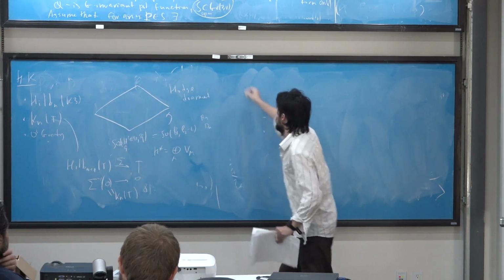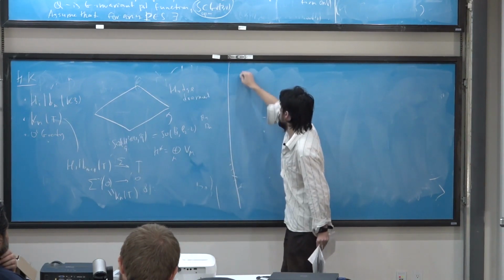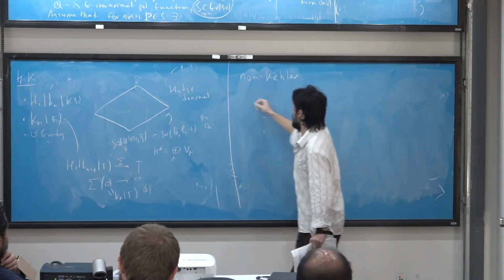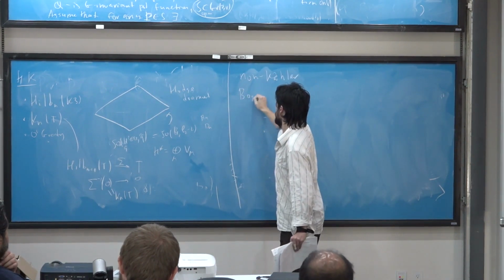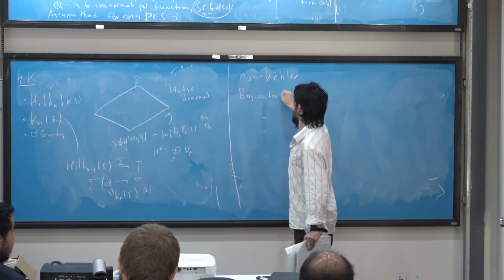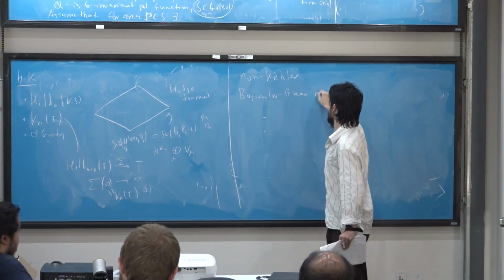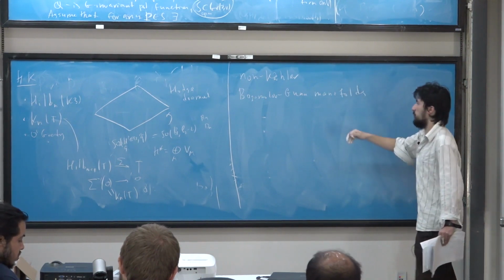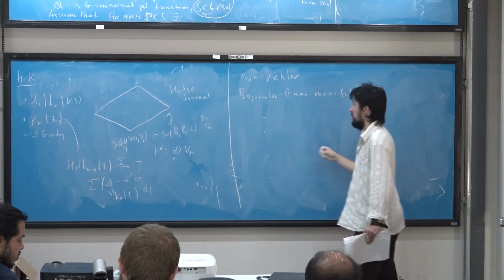Then, in the non-Kähler case, we have Bogomolov-Guan manifolds. They were first constructed by Guan, then by Bogomolov, and the construction is the following.